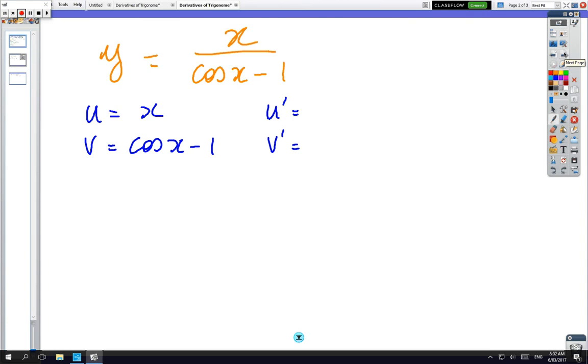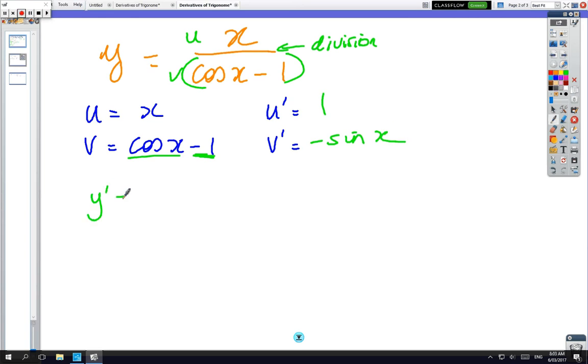Okay, so we've got another one, straightforward in terms of it doesn't have exponentials. We definitely have to use the quotient rule because we've got division, okay? So that becomes u, that becomes v. So if u equals x, u dash equals 1. Now, I've just made the bottom a little bit harder, but it's not really. Because the derivative of 1 is going to be 0, and the derivative of cos x is minus sine x, okay?